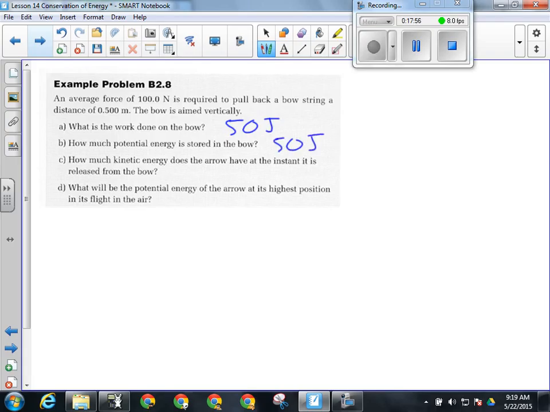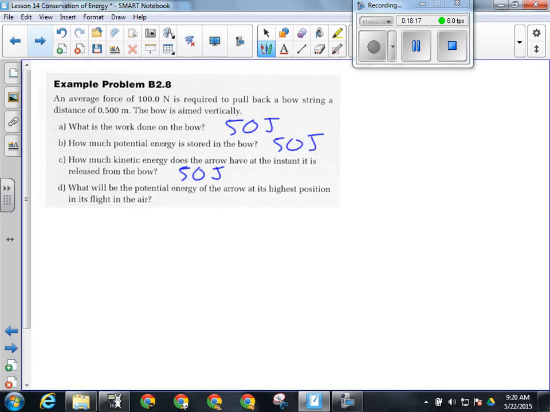How much kinetic energy will the arrow have when I release the bow? 50 joules. I can't create energy. I can't destroy it. There's only 50 joules worth of energy in the system. No part of the system can have more or less than that. So 50 joules. How much potential energy will it have when it gets to its highest point?